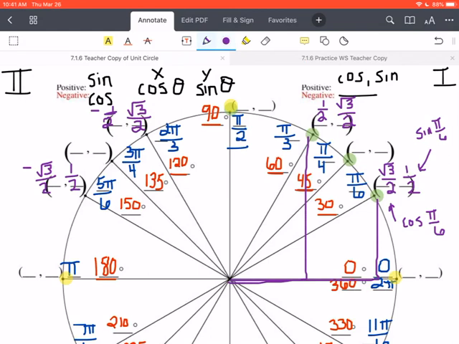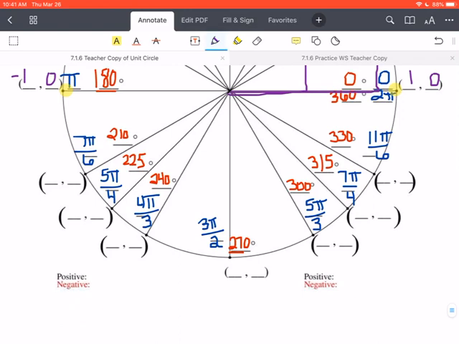So from the origin to get to 0 degrees, I have to go out 1, but I go up 0. The opposite is true on 90 degrees, so I go out 0, up 1. And then from the origin to get to 180, I go back 1, so negative, and then up 0. And then to get to 270, I go over 0, but then I have to go down 1. I love those quadrant markers.